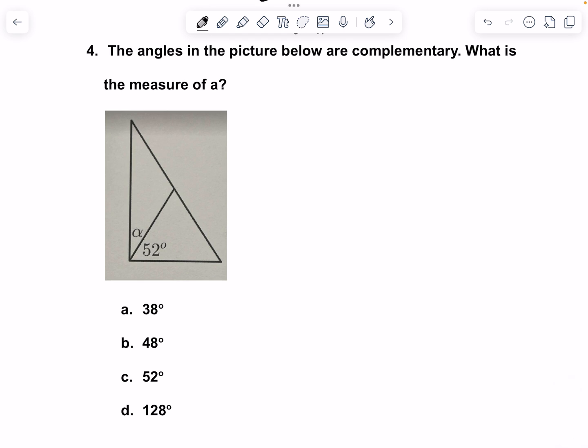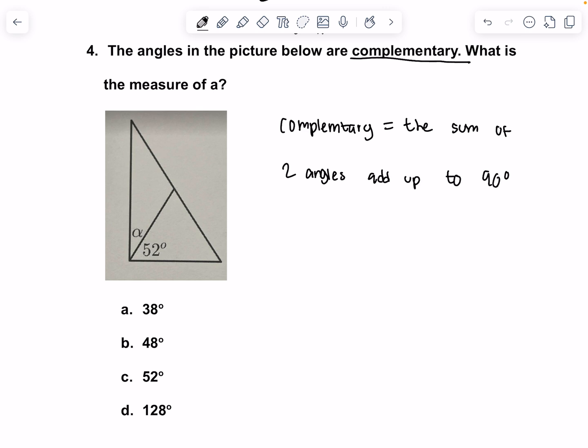Number 4 says the angles in the picture below are complementary. What is the measure of A? What complementary means is when the sum of two angles adds up to 90 degrees.